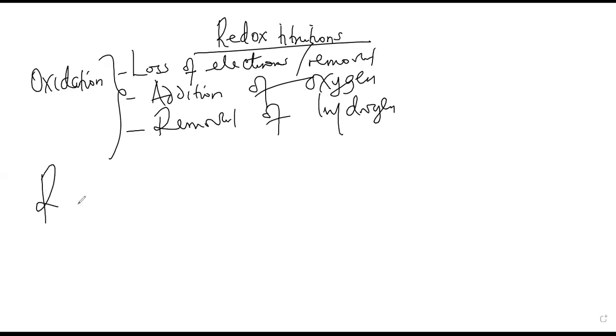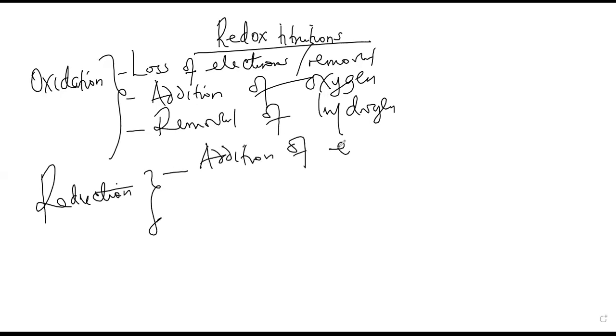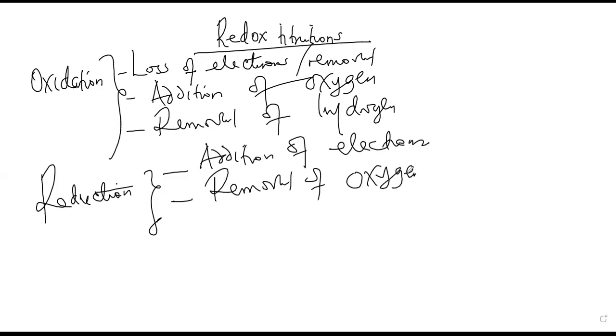But for reduction, the story changes. For reduction, it can be defined as addition of electrons, of course, to a substance. Then it can be removal of oxygen from a substance.